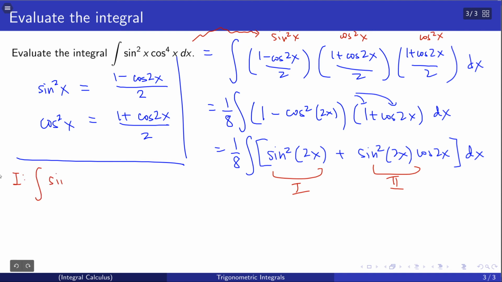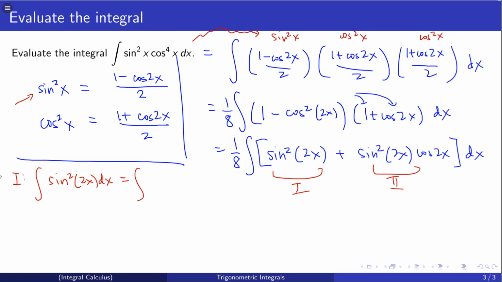The integral of sine squared 2x, again, that's still just a power of sine and a power of cosine where they're both even. Sine to the second power, cosine to the 0th power. Again, you don't have an odd power, so it's not advisable to use sine or cosine as your substitution. Just use the half-angle formula.